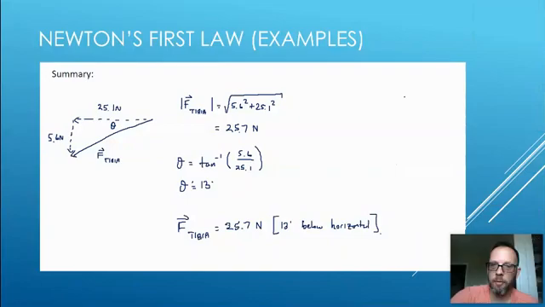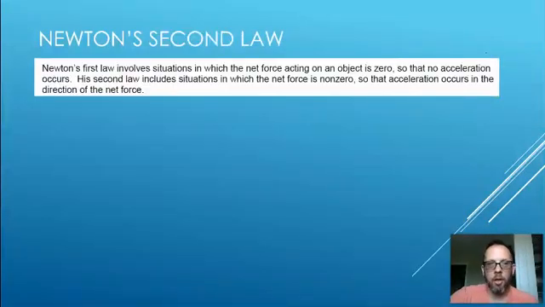So we now talked about Newton's first law at length. Newton's first law involves situations where the net force on an object is zero, so no acceleration occurs. And again, that could mean it's at rest, not moving at all, or it could mean it's moving at a constant velocity. Newton's second law includes situations where the net force is non-zero, where you have some net force causing some acceleration. That acceleration is in the direction of the force.